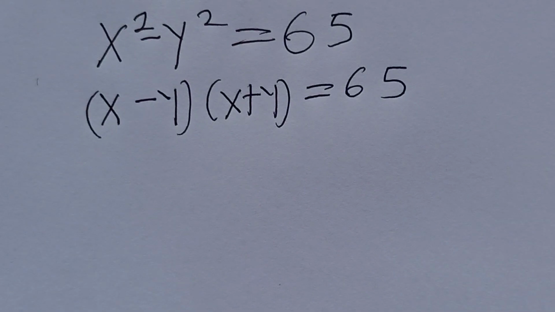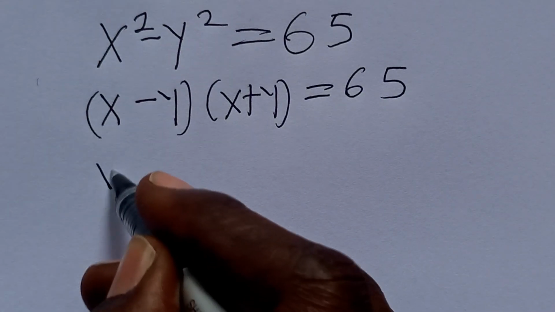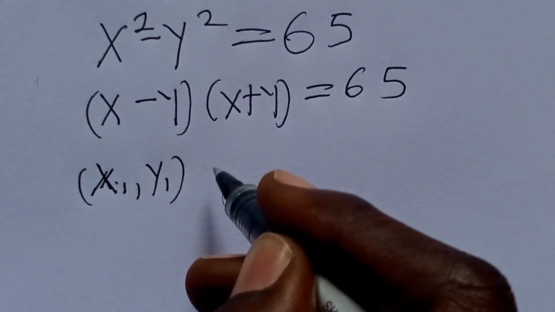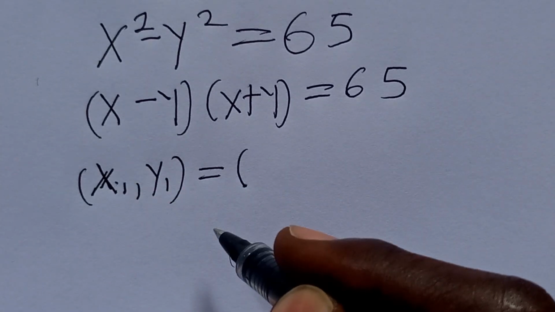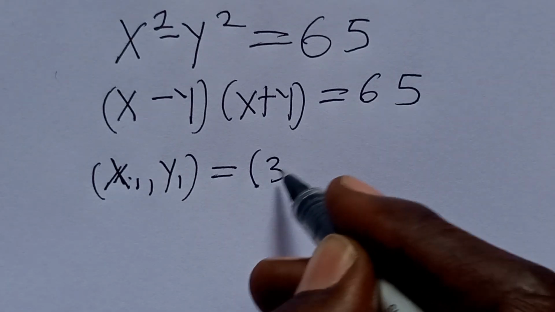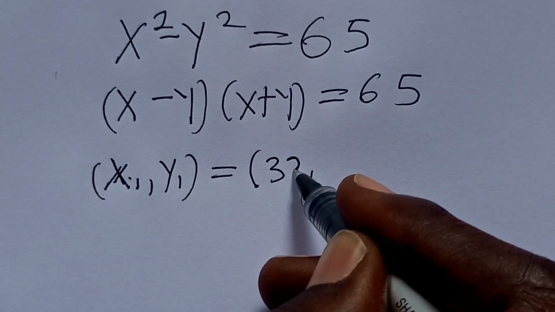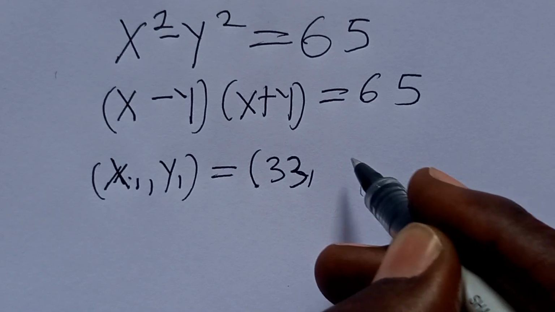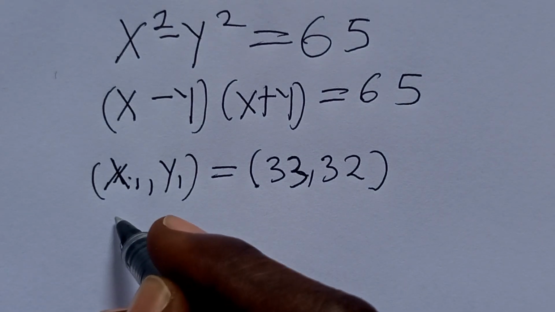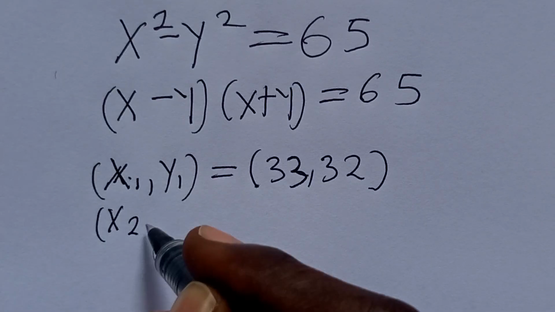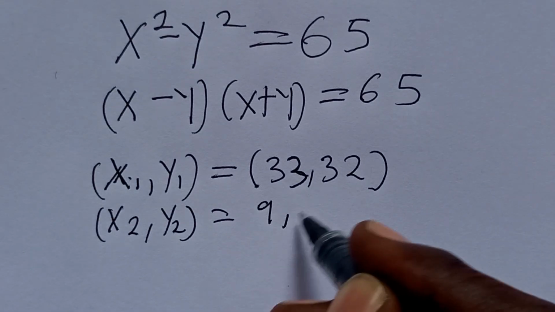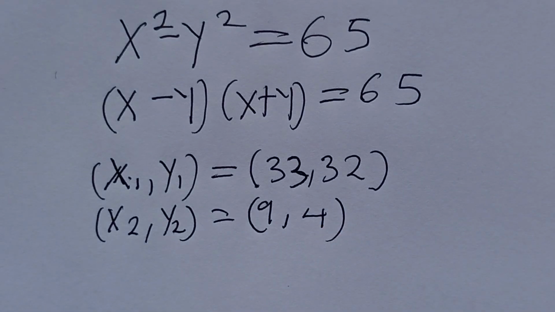Now let's write down the values of our first, x1 and y1: our x value is 33, then our y value is 32. And our x2 and y2 is 9 and 4.